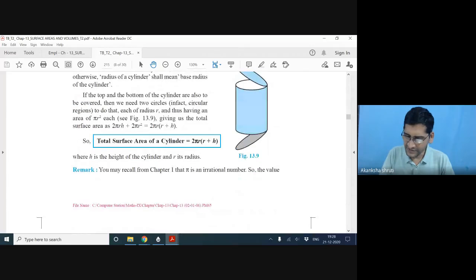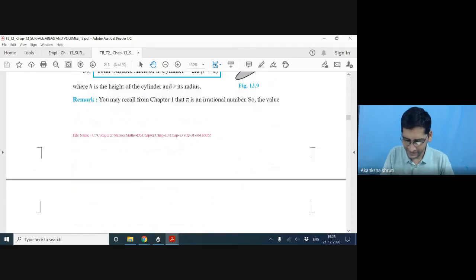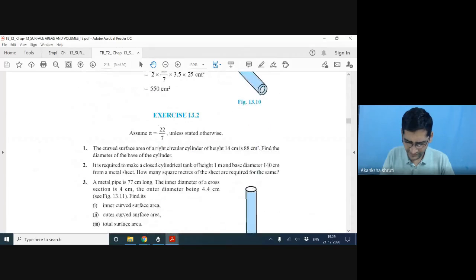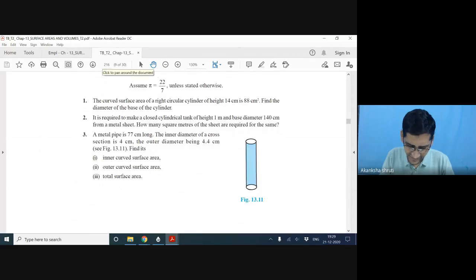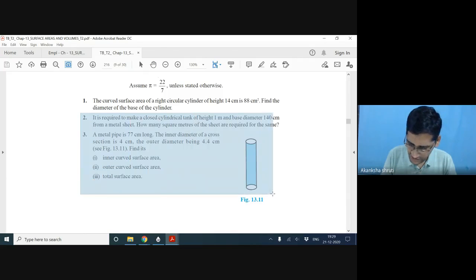And for total surface area, the same kind of addition. Let me take question number 2 and 3. I'm going to solve these two questions, students.